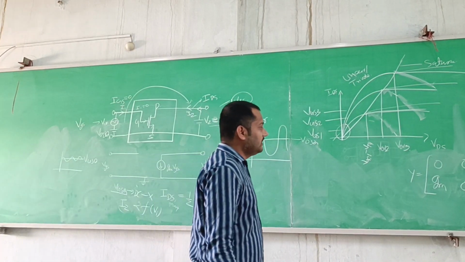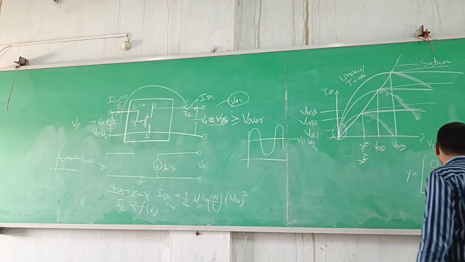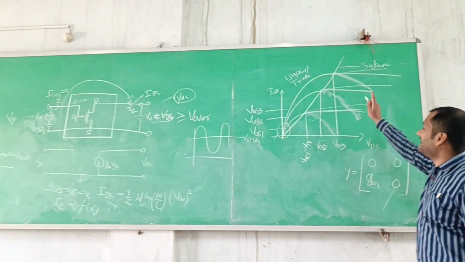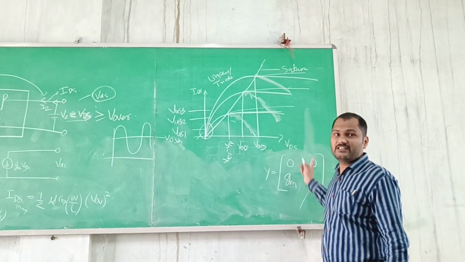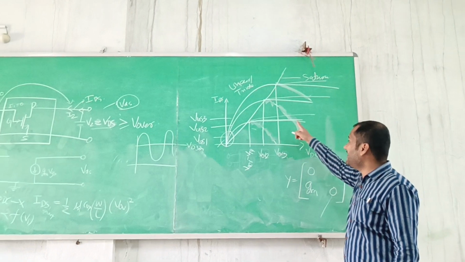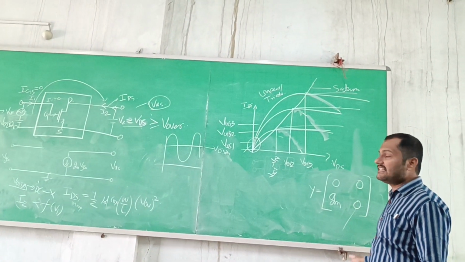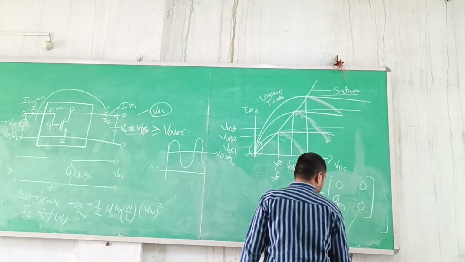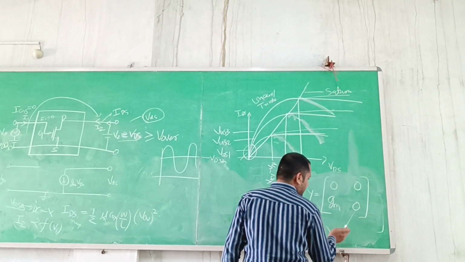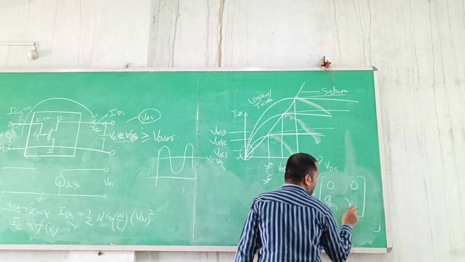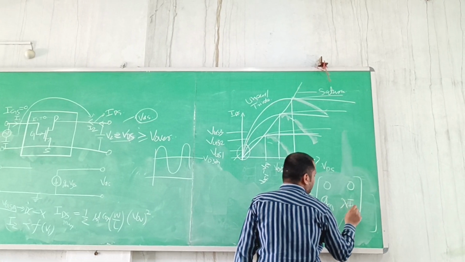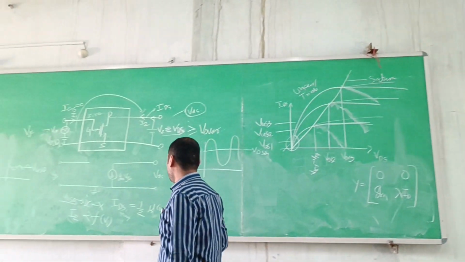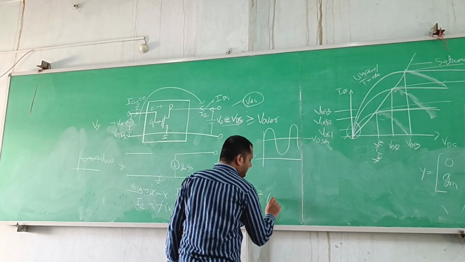So now we say this is 0, but there is a slope. The slope should be 0. There is a mismatch, so we need to find out this.